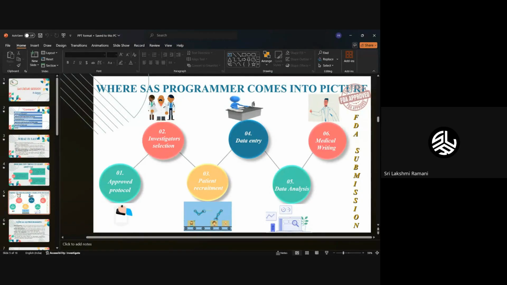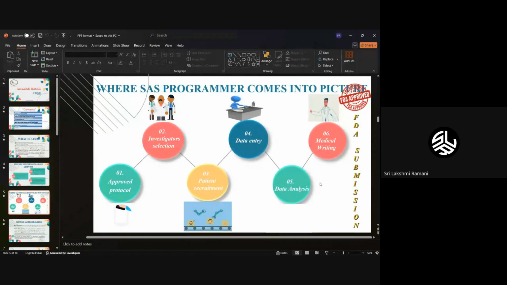Sixth point, the medical writing point, right? Up to here it is clear, right? In the fifth step, the SAS programmer comes into the picture for data analysis.